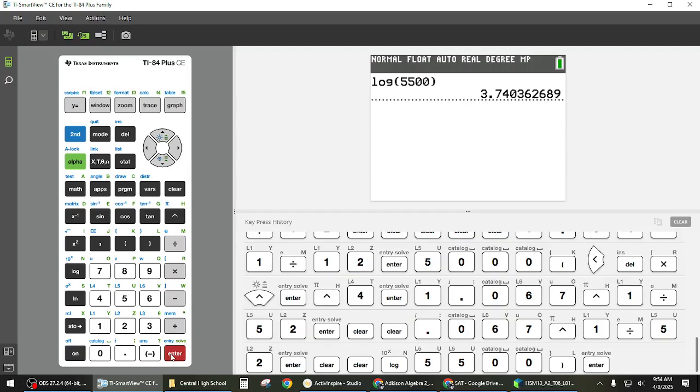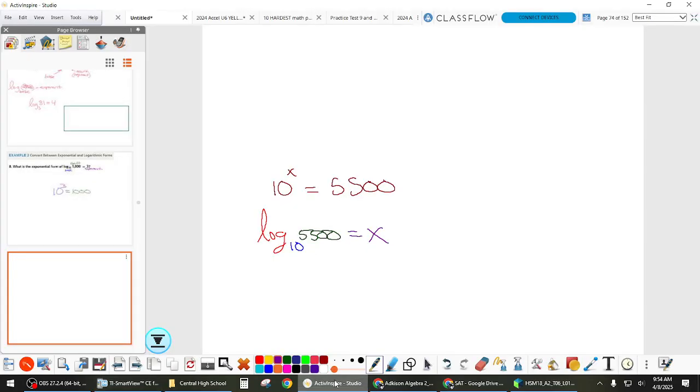Okay? Well, now we have a button for it. And that tells us what power of 10 gives 5500. And that is 3.74, some other stuff.